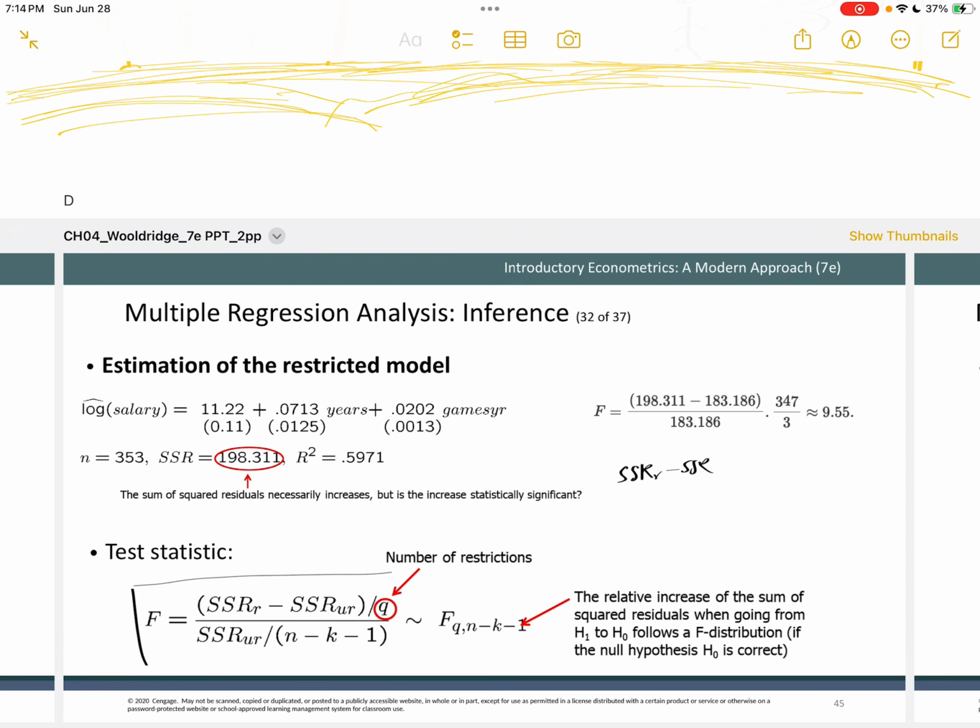and multiply that by, what I'm saying is this, SSR restricted minus SSR unrestricted, divided by SSR unrestricted, times, is what I'm saying we are doing. Right, this is F. This is the F test.